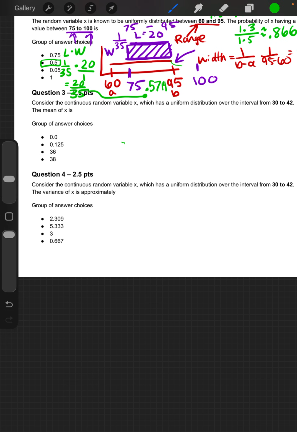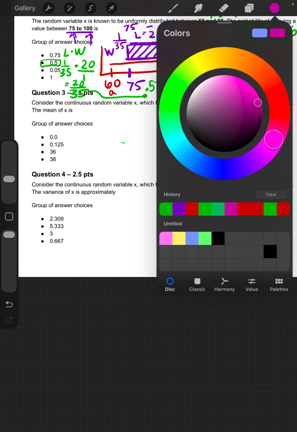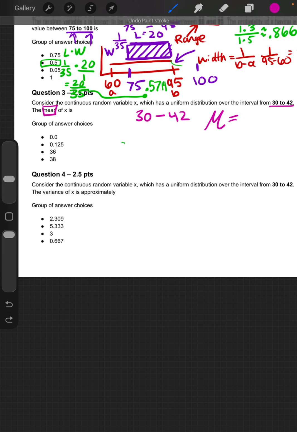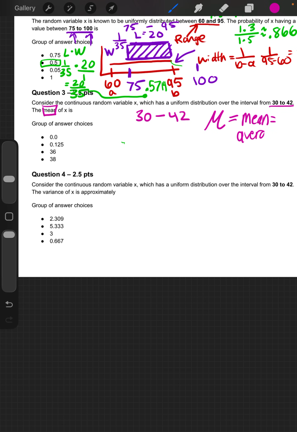Okay, so these would be your favorite type of questions. They're saying an interval between 30 to 42, and they want to know the mean. So the mean is equal to the average.